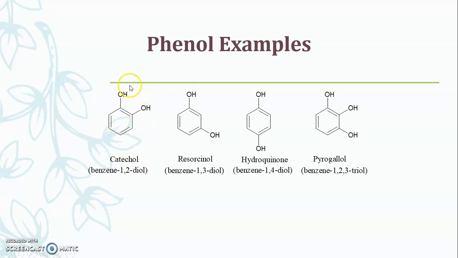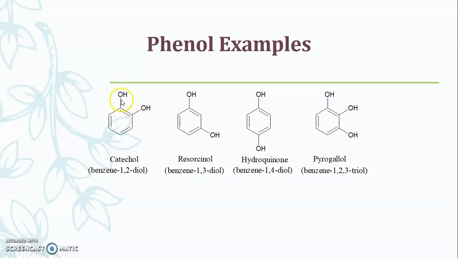Here you can see two hydroxyl groups, which are regarded as phenolic hydroxyl groups. These two hydroxyl groups are present at the ortho position to each other. That's why this is known as catechol, and chemically it is known as benzene 1,2-diol. This is the common name and this is the chemical name for this compound, where the hydroxyl groups are present at the ortho position to each other.